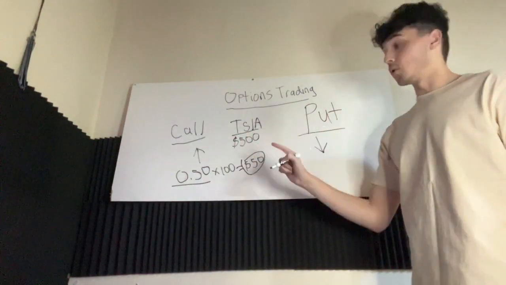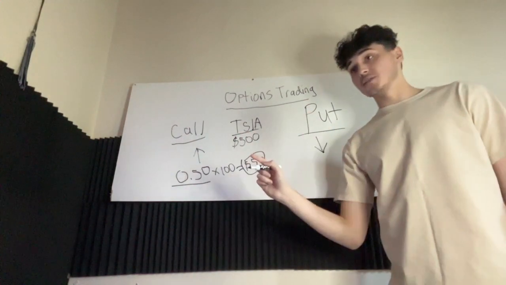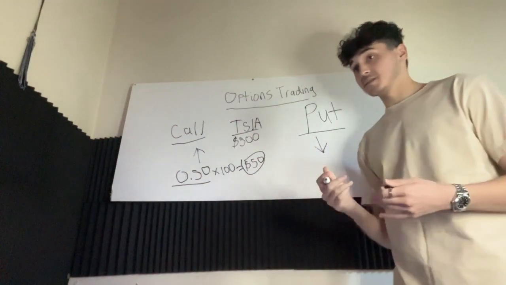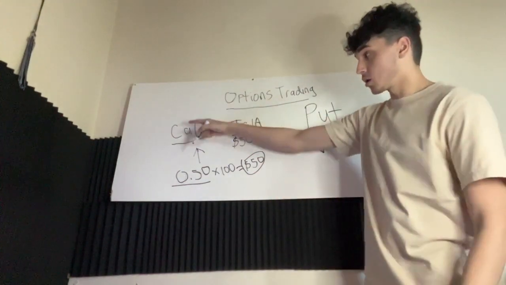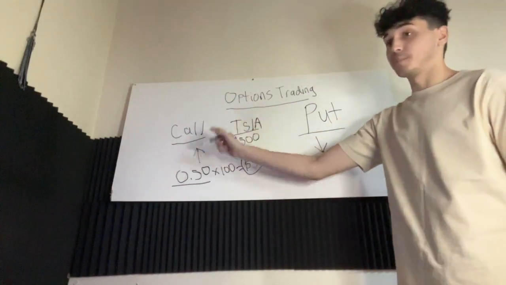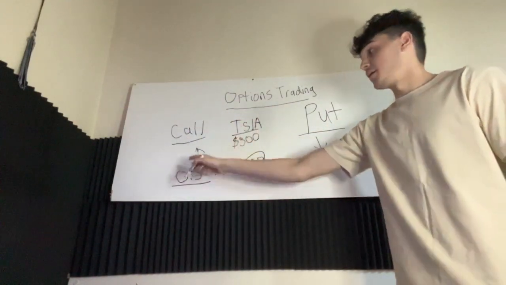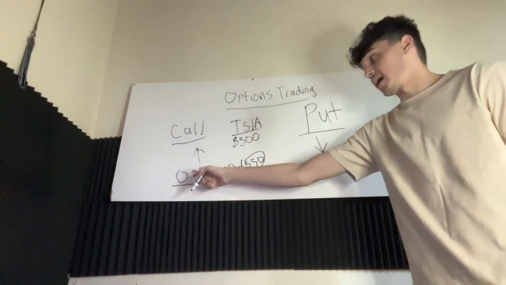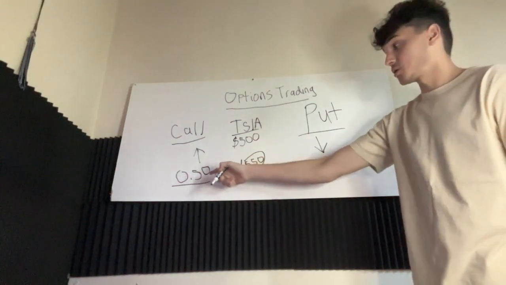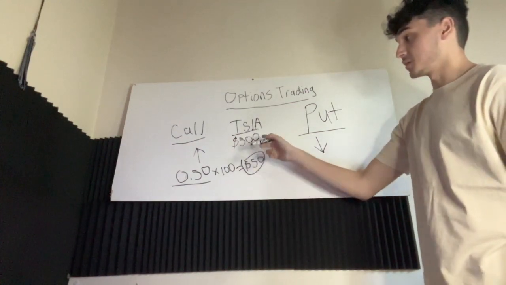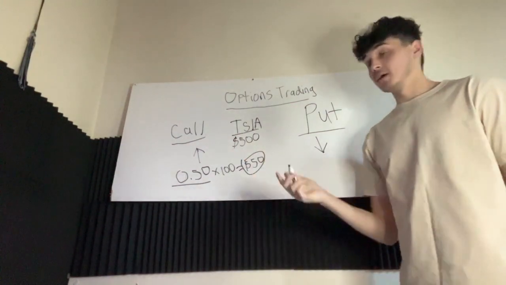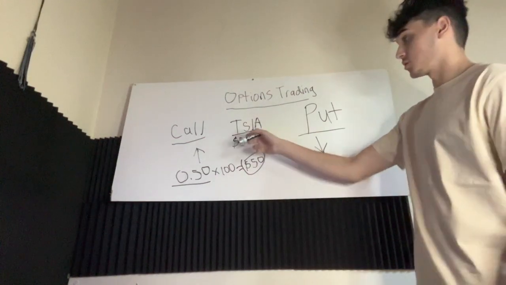So if we are bullish on the stock, we think price is going to go up, our technical analysis shows us that price is likely to go up, we buy a call contract, right? Because that's the option that we buy when we are bullish. Now, like I showed you guys, we have the 50-cent option contract times 100 shares, which turned out to be $50. Now, let's say Tesla starts to move up.